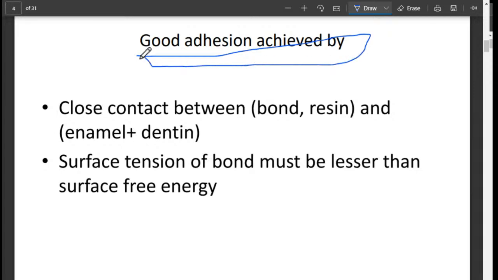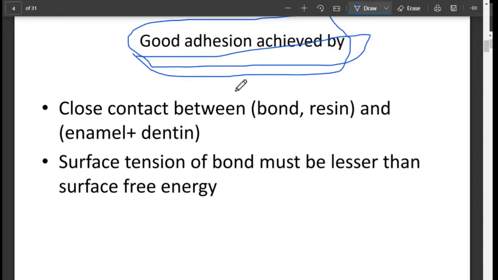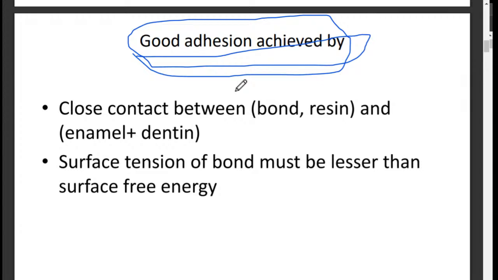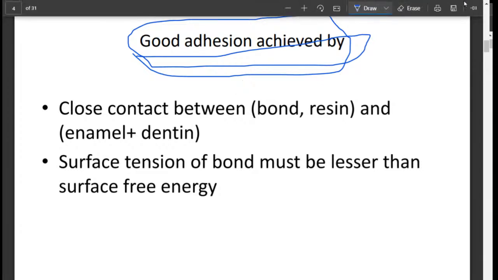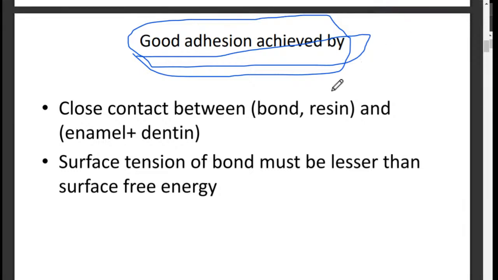We have here the good adhesion achieved by close contact between the resin bond and enamel dentin.